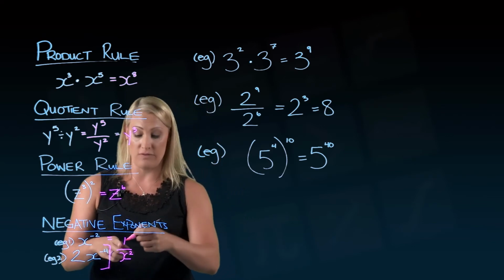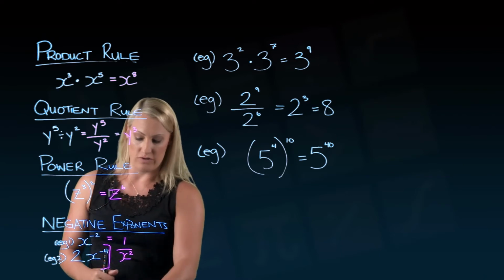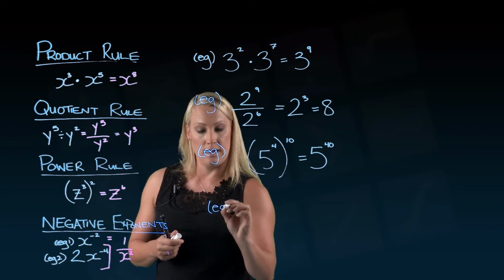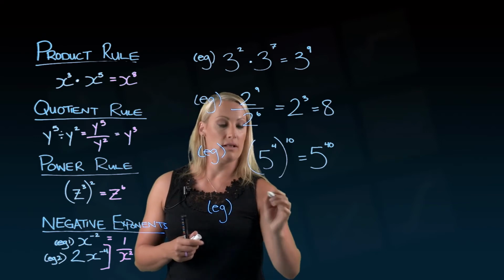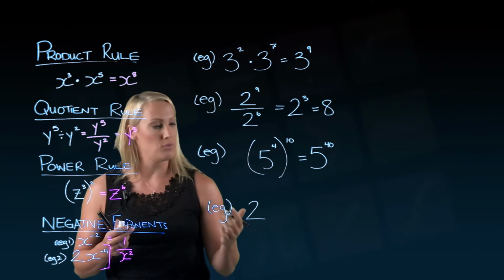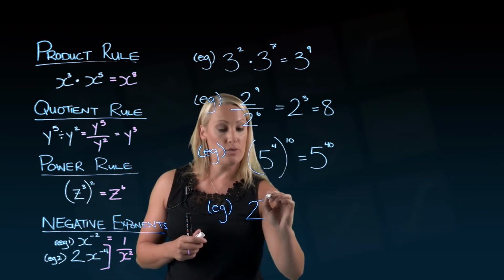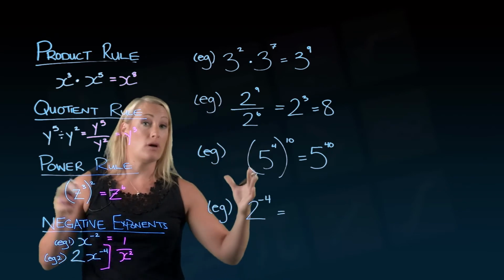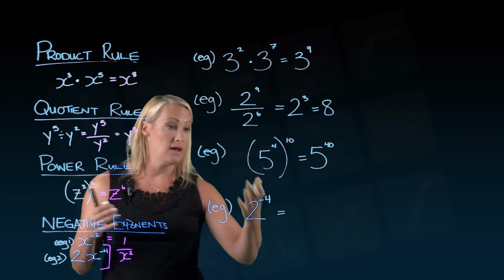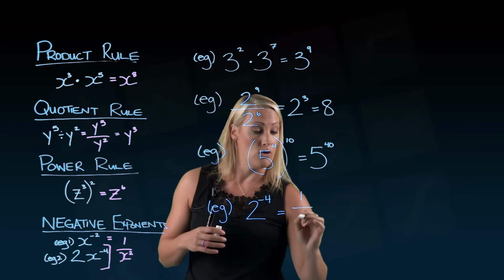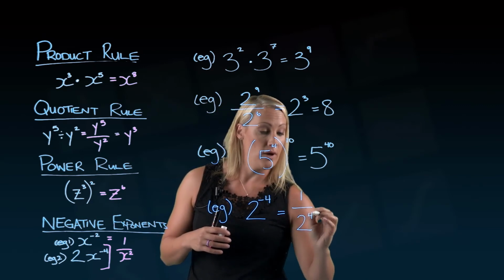So let's make a real life example of that one, and then we'll go over to the other one and check that out. Let's use 2 because that kind of makes our lives a little bit easier. 2 to the power of negative 4. I don't want my final answers to have negative exponents, so I am going to put this as 1 over 2 to the power of positive 4.